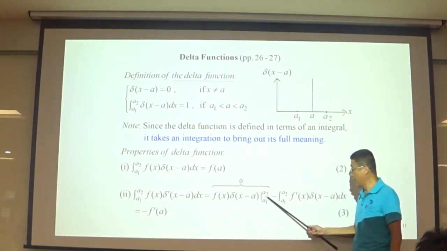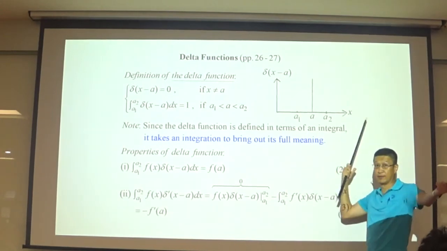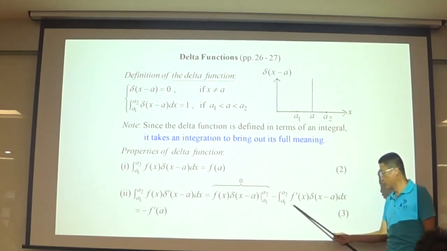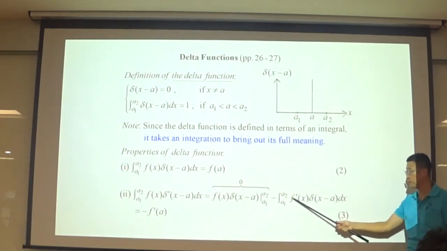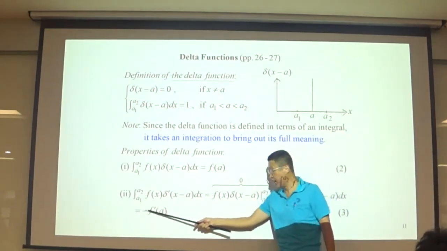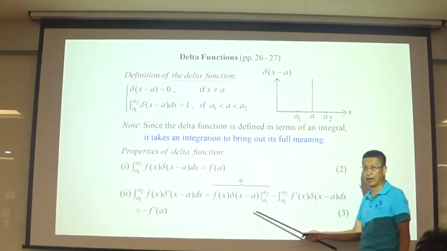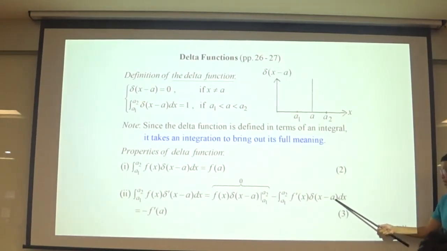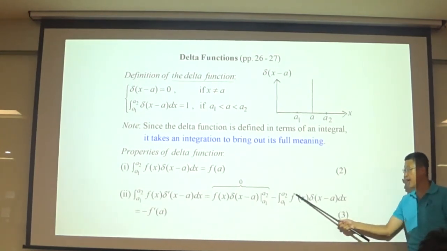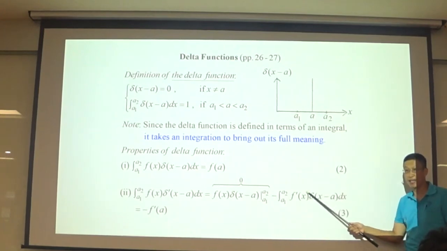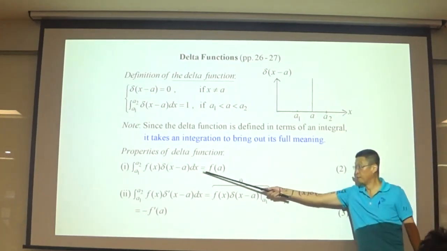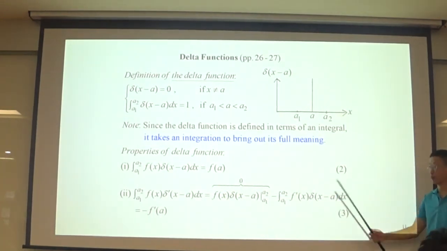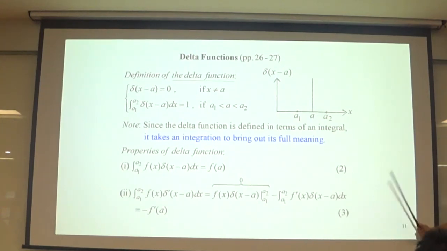And here and here, nothing, because of the property of the delta function, it is 0. So only this one will survive. So eventually we got a minus sign, minus f prime of a. Only when x equals a, we have value. So it's f prime of a, just like this one, but this time it's a prime.